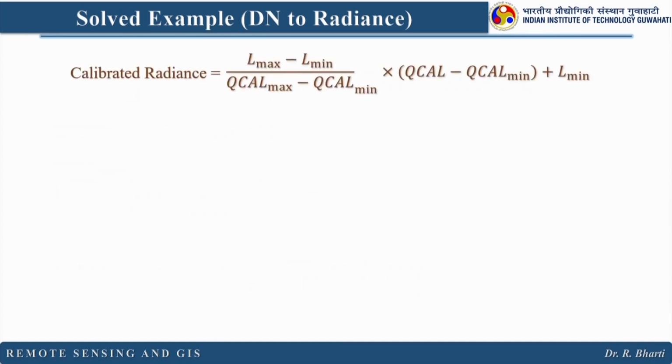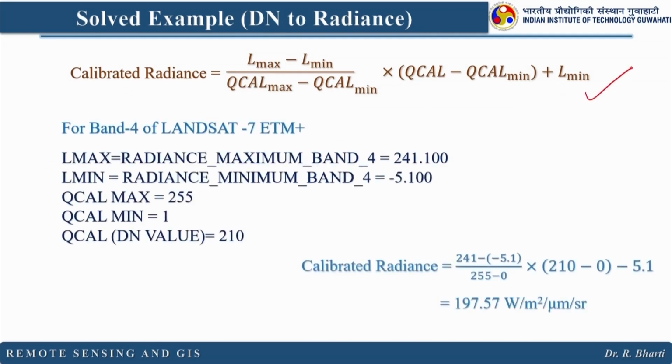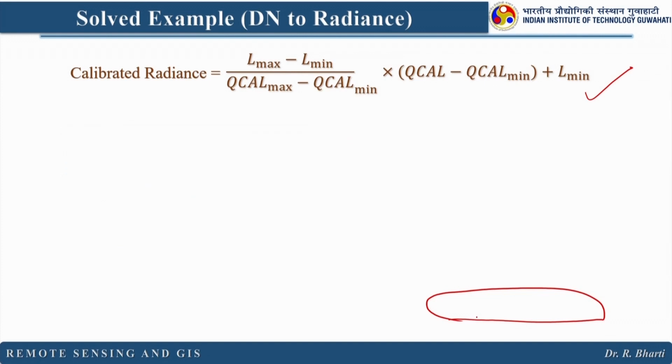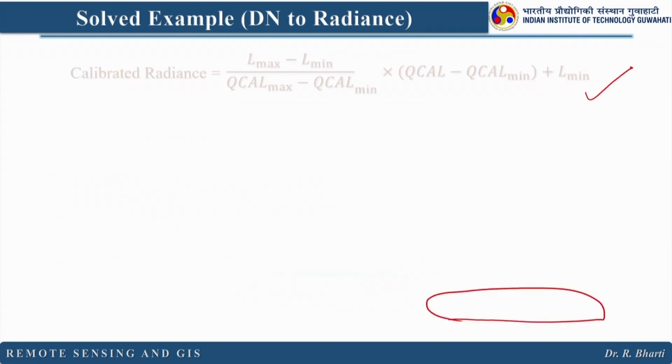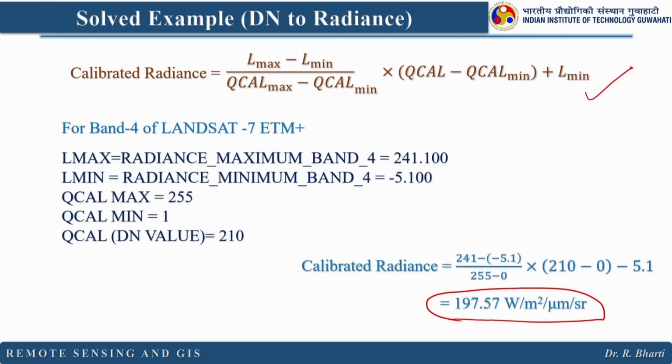In the next case, where we have to calculate calibrated radiance, if you use this particular formula, then your value will be this, right. So, if you see the previous one, 197.46, and here 197.57.